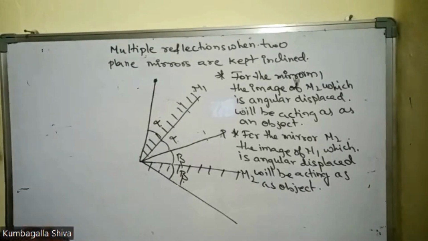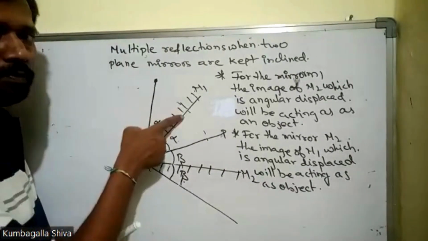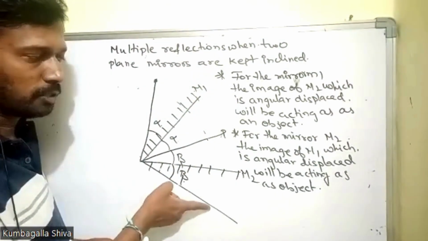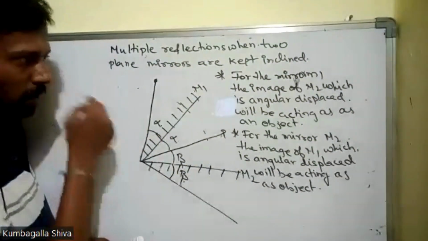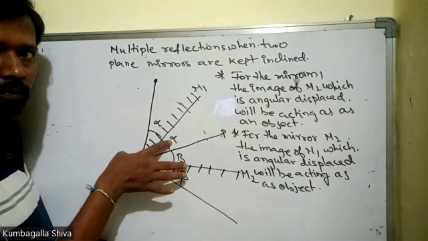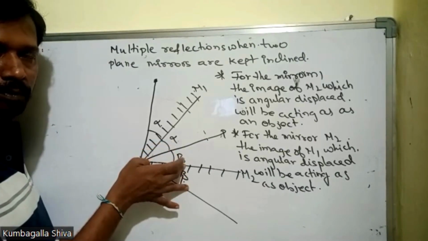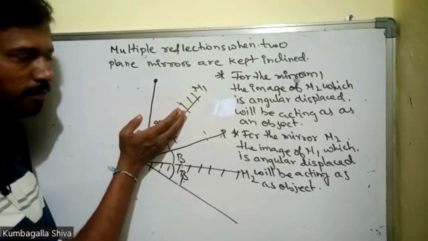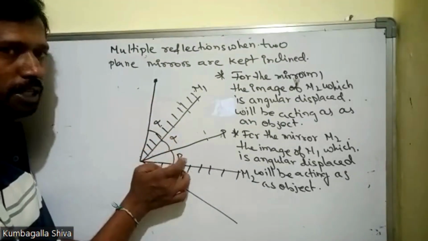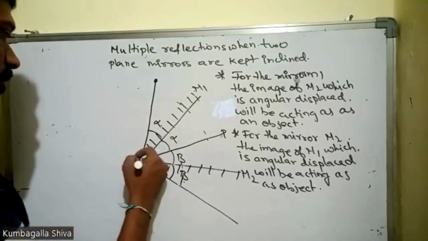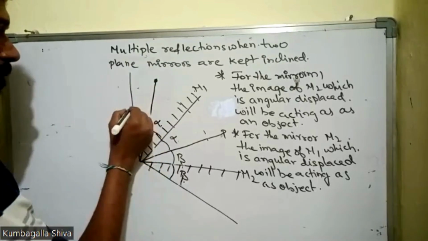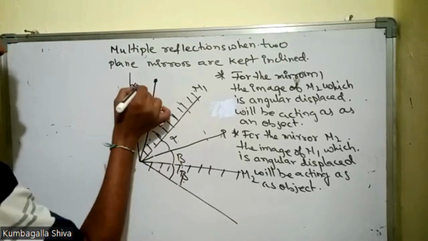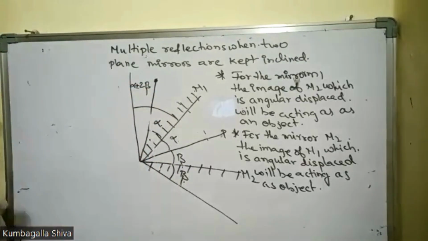Okay, right? Now come to the mirror M1. What it is looking at on the M2 side is the image of the angular displacement. Now you just see the angle it is making, alpha plus beta. So how much it will be angularly displaced for the image formation on the M1 side will be alpha plus beta, means this side it will be displaced from the mirror, that is, you get alpha plus 2 beta, right?